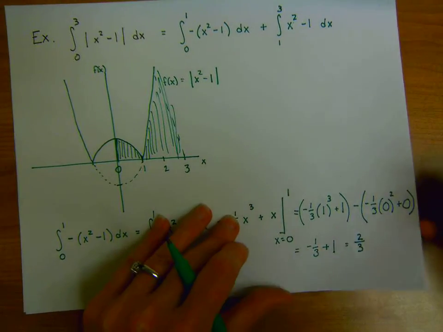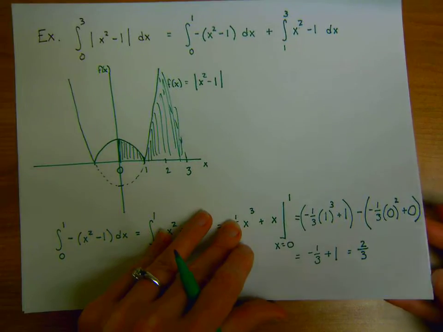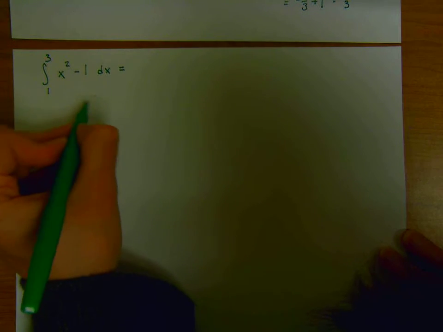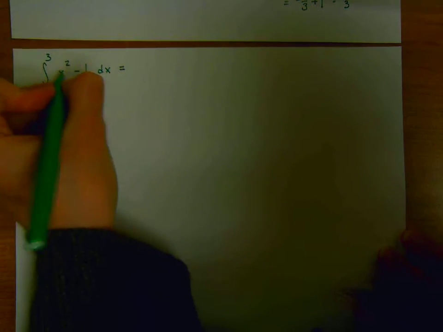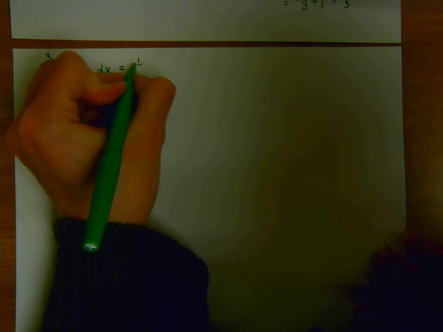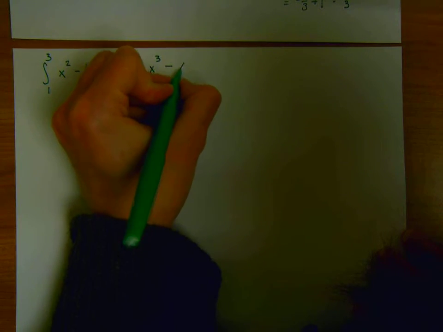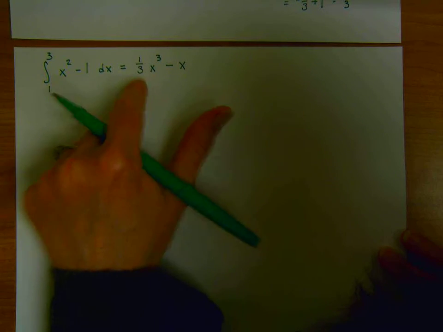Now I'm going to go ahead and compute the second piece of this integral in a similar fashion. So recall the second piece is the integral from 1 to 3 of x squared minus 1 dx. So I'm looking for an antiderivative of this function. In my shorthand, I know that the antiderivative of this is 1/3 x cubed minus x, and I can take the derivative to check.